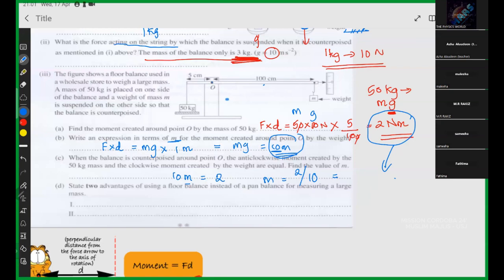Really sorry. It's 25 Newton meter. So this also would be 25 divided by 10, 2.5 kilogram. Now it's fine, no? Yes.